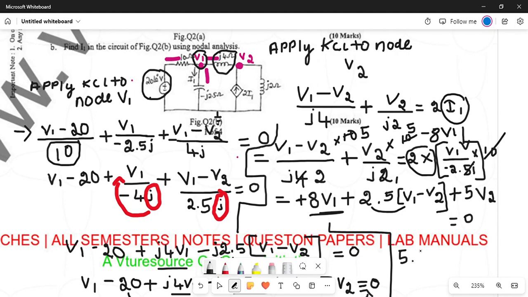Fine, just a minute, I'll clarify. Okay, yes, this is 5.5v1, minus 5.5v1 is equal to plus how much? It is equal to 7.5v2.